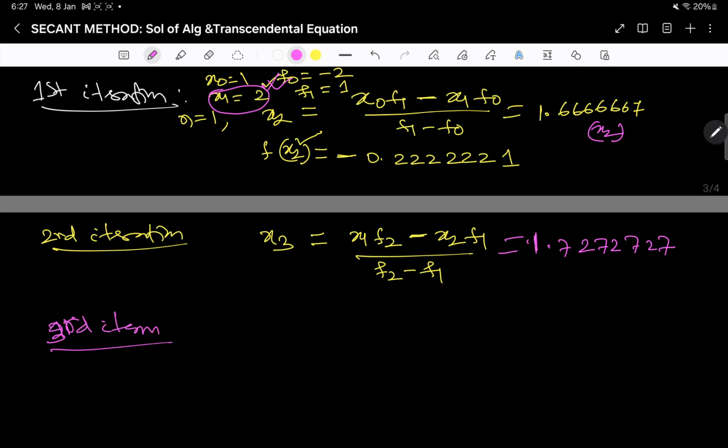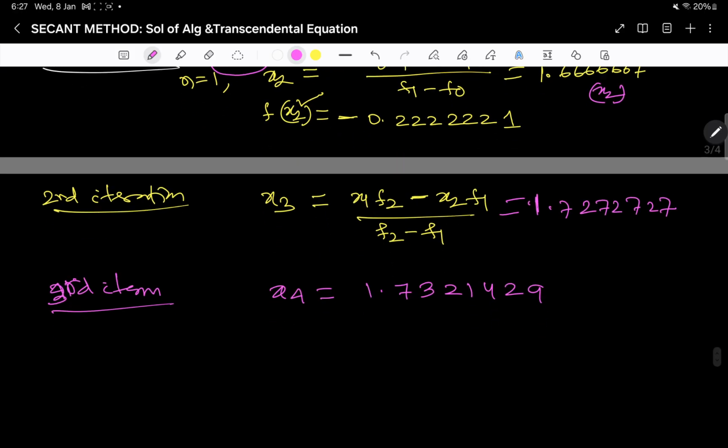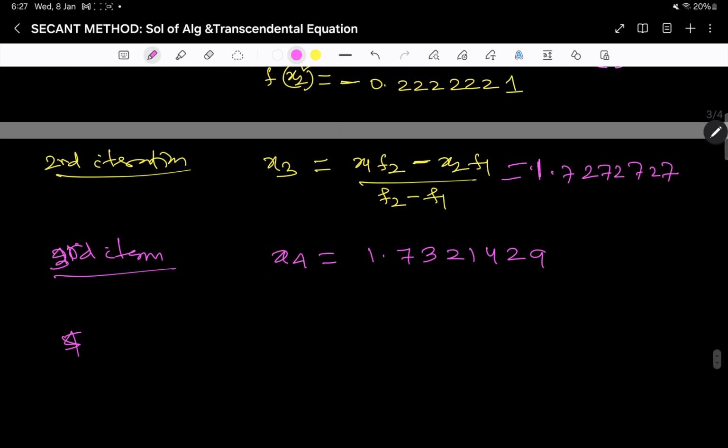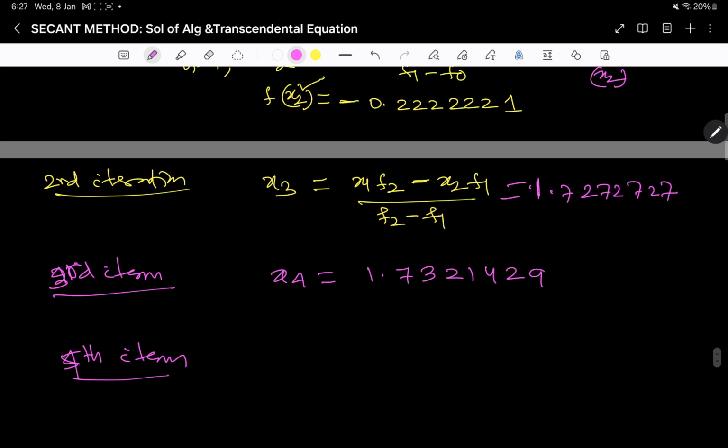Then my third iteration, I find similarly x4, which will be 1.7321429. Similarly my fourth iteration, x4 is equal to 1.7320508.